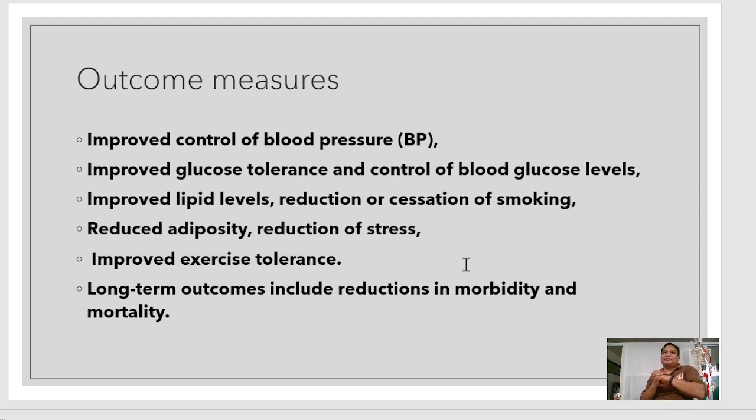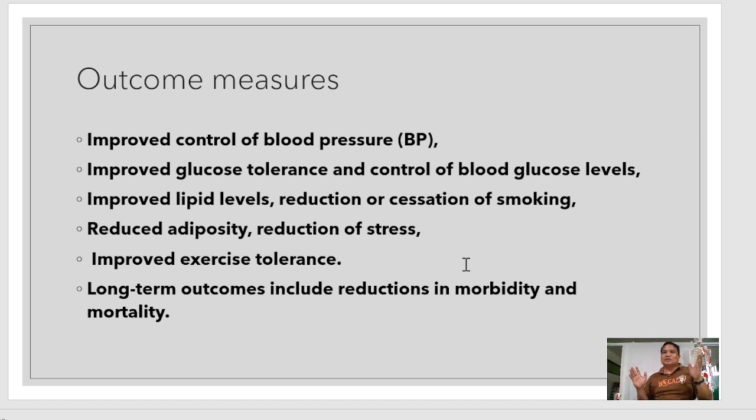Have we controlled it? Our glucose tolerance, cholesterol level in the blood, if you are a smoker, have you stopped smoking, have you started to cut down your cigarette stick consumption, or have you reduced your adiposity, your body fat percentage?